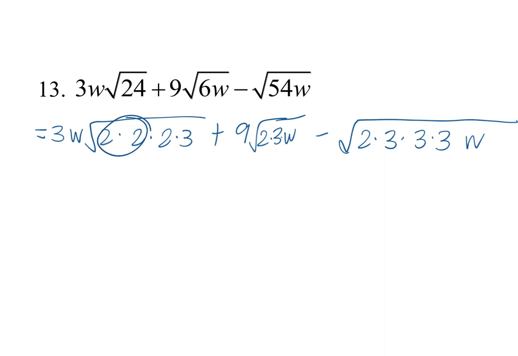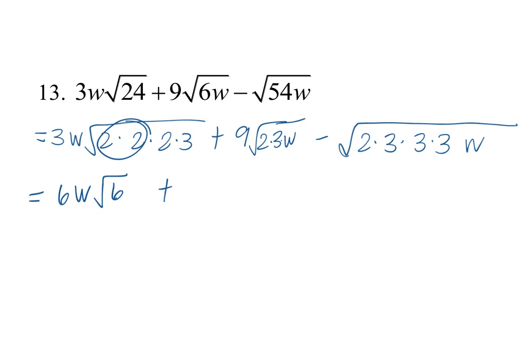So right here, 2 can come out front, and that will give us 6w. Square roots of 2 and 3 are left, so 6. And with the square root of 2 times 3 times w, nothing repeats, so that's the square root of 6w. Nothing comes out front with that 9, so this one didn't really change at all.